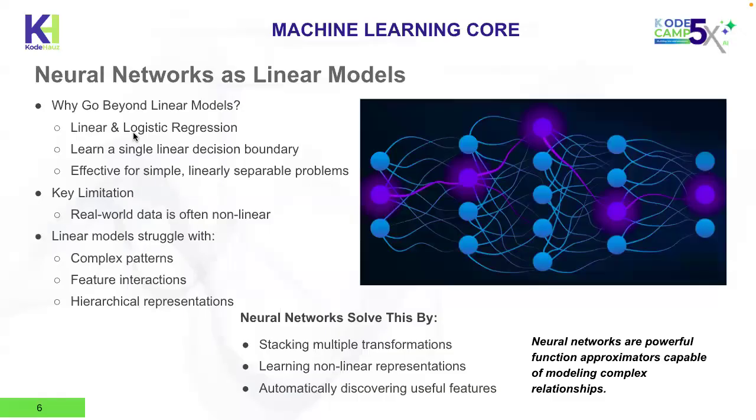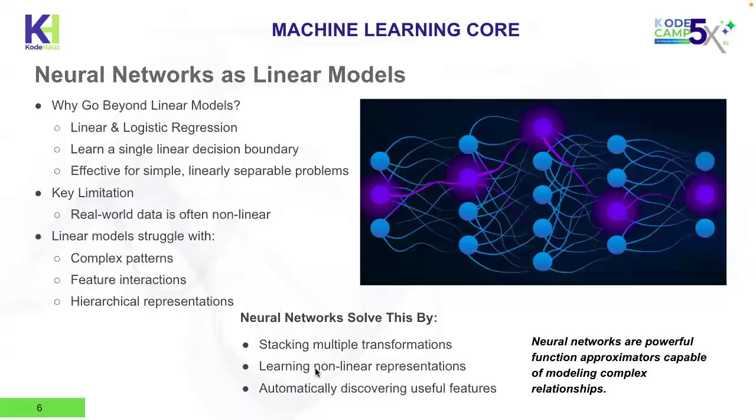And then you stack layers, and those layers introduce additional levels of dimensionality. So neural networks turn your single linear model into a multidimensional one, from a linear model to a plane to a hyperplane. Neural networks solve the problems of linear models by stacking multiple transformations.